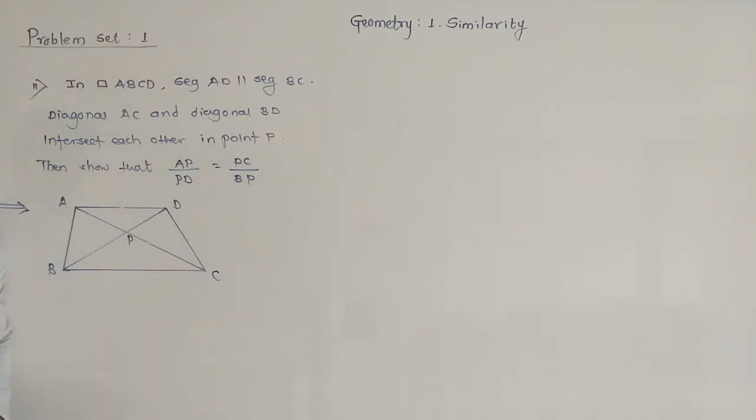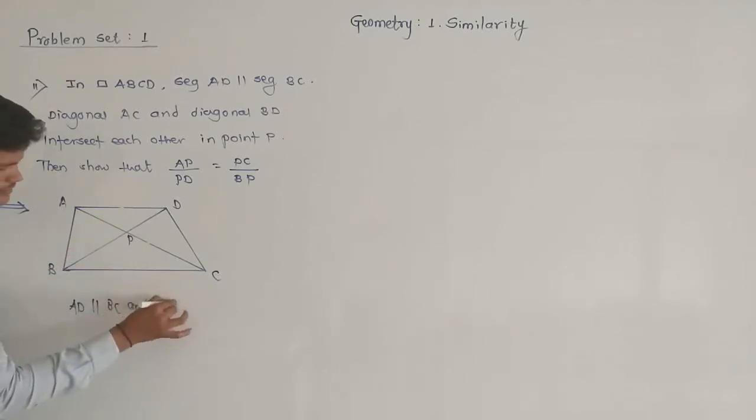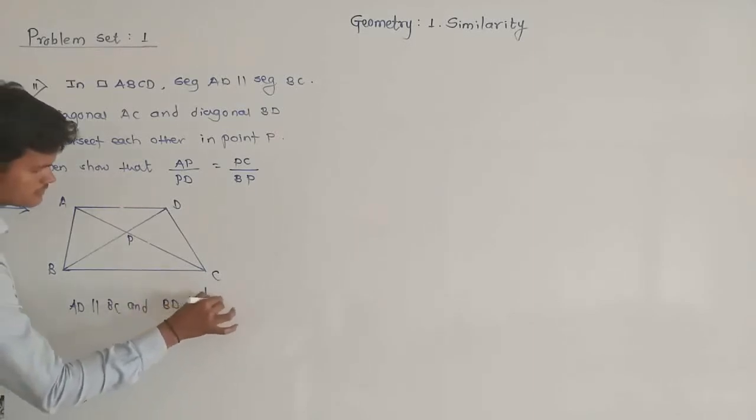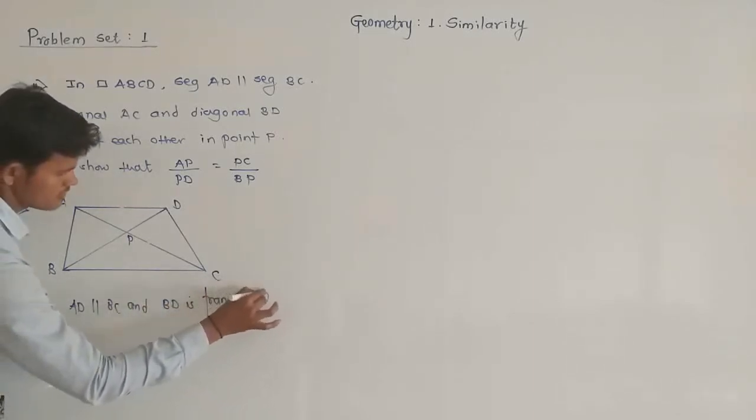We have to prove this. That means triangle APD is similar to triangle CPB. We have to prove this. That means both the triangles are similar. Once two triangles are similar, then their corresponding sides are in same proportion. So first of all, given that AD is parallel to BC and BD is the transversal.